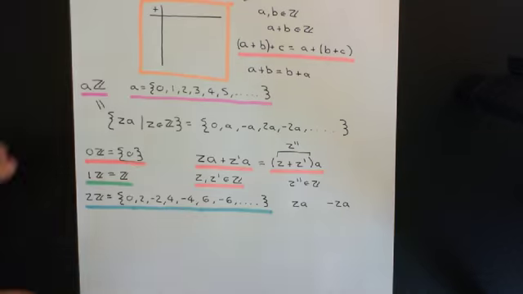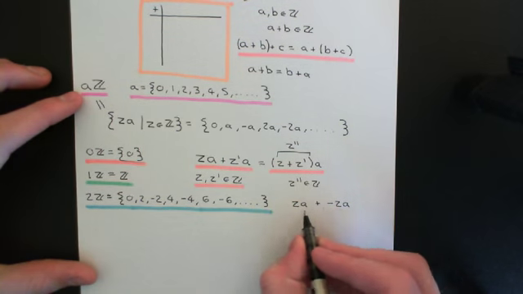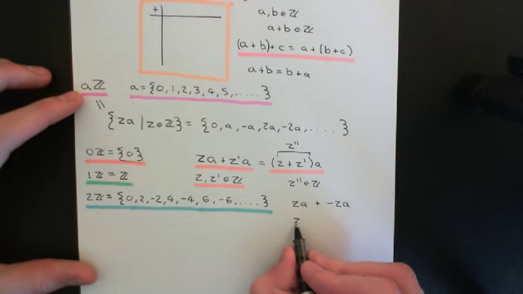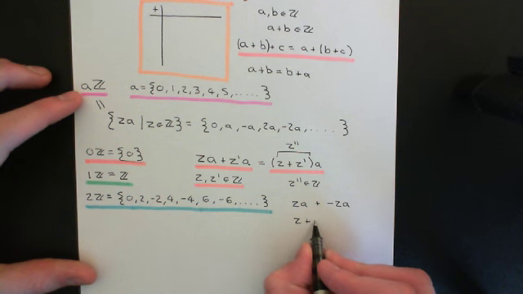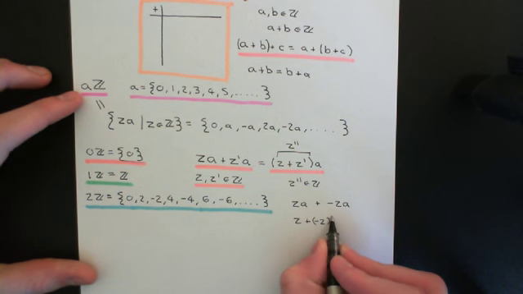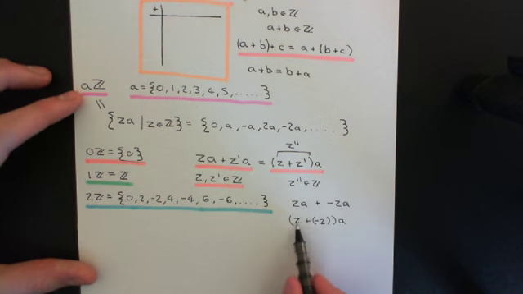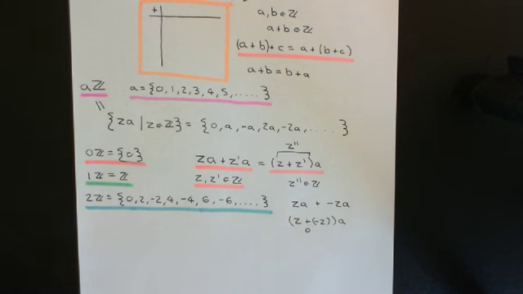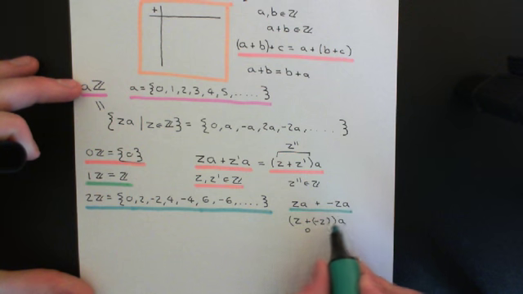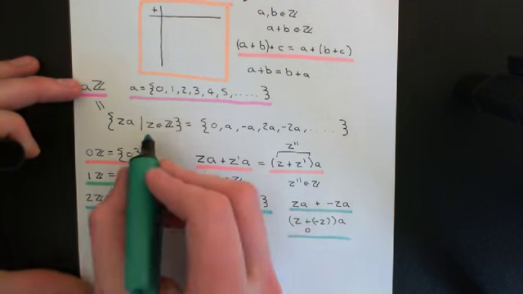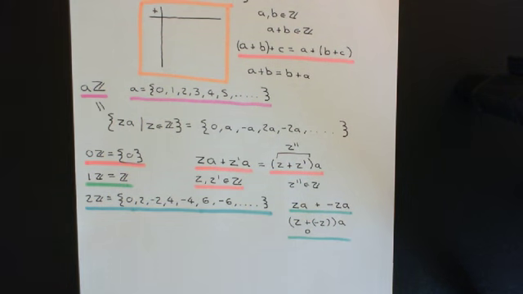Again, because when you add these two together, you can factor out the a and say that this is z plus negative z, in brackets, times a. Then you can combine z and negative z in the integers to get 0, and then you get 0 times a, which is 0. So that's why inverses will always be present within this subset az.